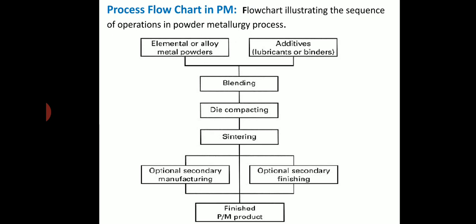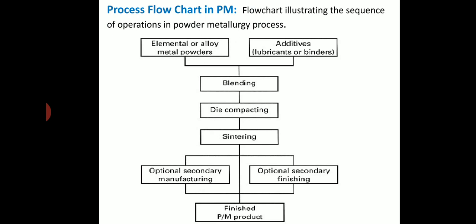The elemental or alloy metal powders mixed with the additives are blended properly with mixing equipment, and then the mixed material is sent to a die where it is compacted by applying some force, and then the compacted material is sent to the heat treatment process, that is called sintering. In die compacting, the compacting is done at room temperature, whereas in sintering, the heating is done at higher temperatures.